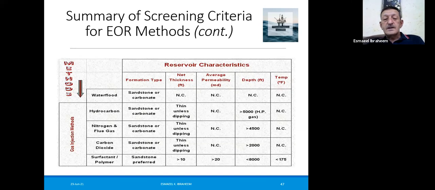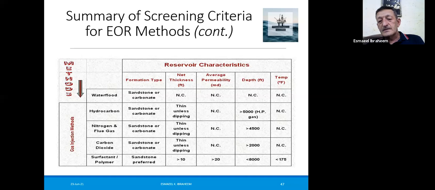Here comes, again, the gas injection methods. What are the reservoir characteristics? Formation type, net thickness, average permeability, depth, and temperature. For example, for water flood, sandstone or carbonate, net thickness is not required.